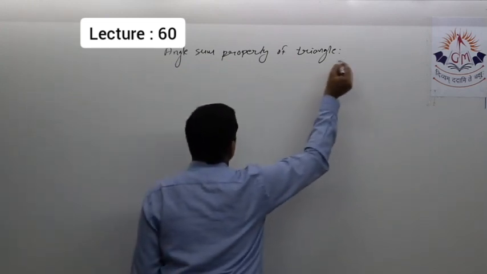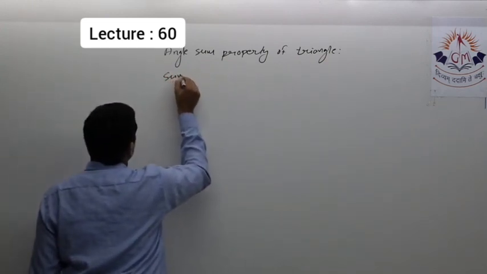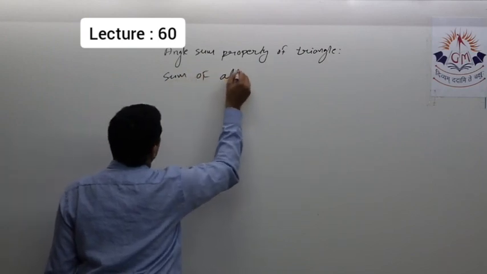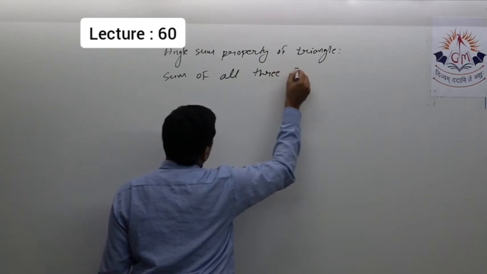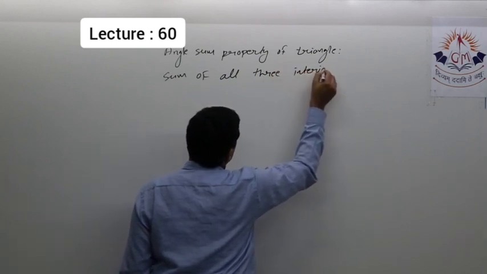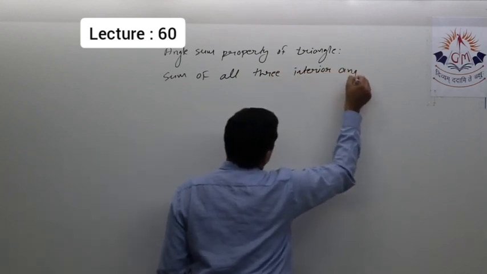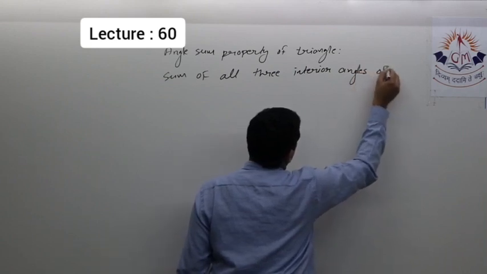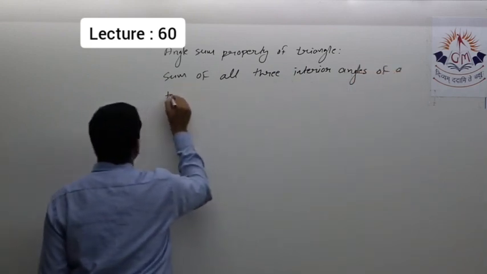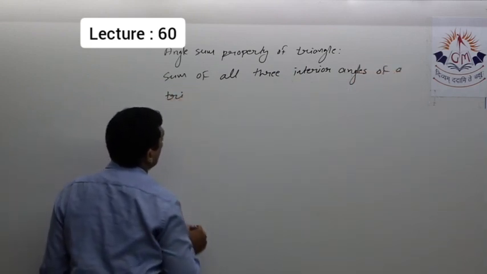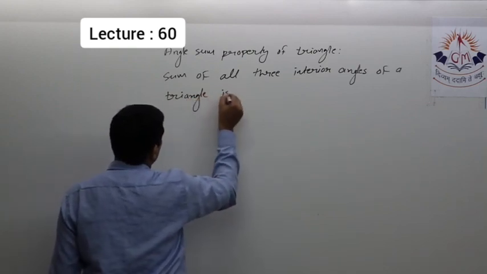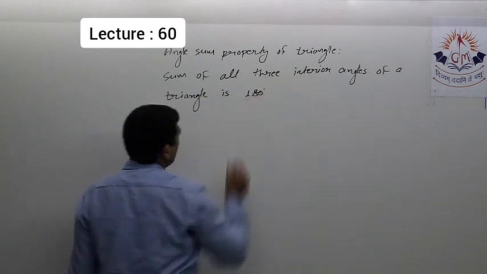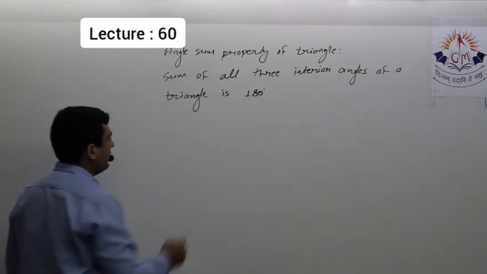It says the sum of all three interior angles of a triangle is 180 degree. That is the angle sum property of the triangle.